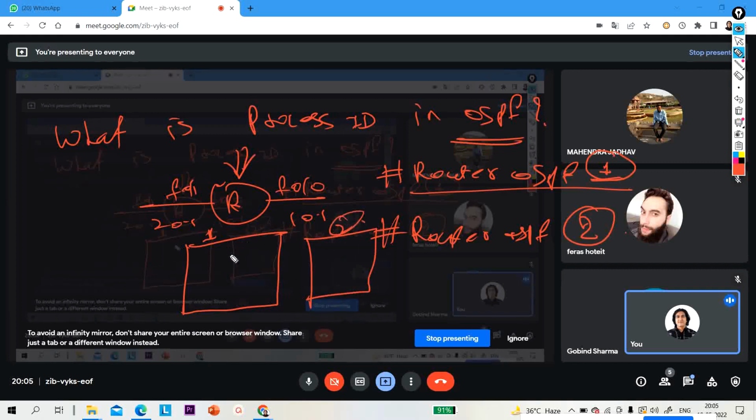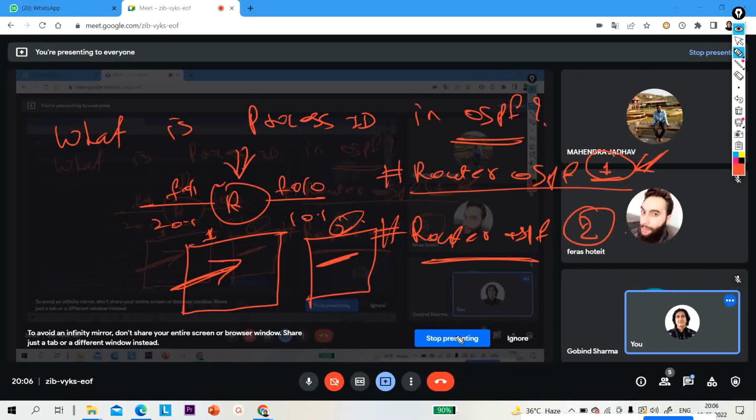Whatever network command you run in this process will be stored in the database of this process. Am I right? So the process ID is used to identify which process of OSPF you are running, and on which process you run which network command.